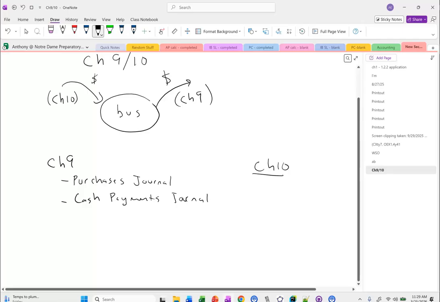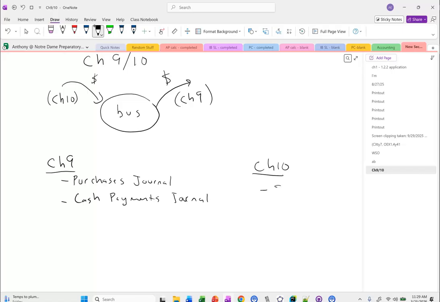In chapter 10, we have 2 special journals. We have the sales journal, and then we have the cash receipts journal.